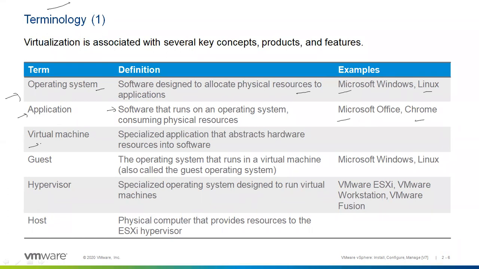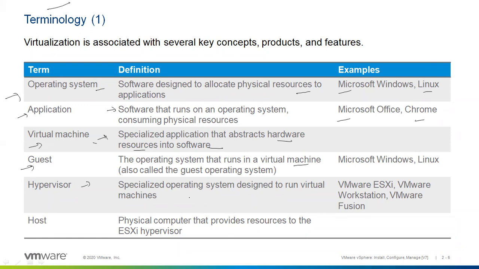What is a virtual machine? A specialized application that abstracts your hardware resources into software. What is the guest? The operating system that runs in a virtual machine. Normally we say that as a guest operating system, and sometimes we say virtual machine as a guest VM also.